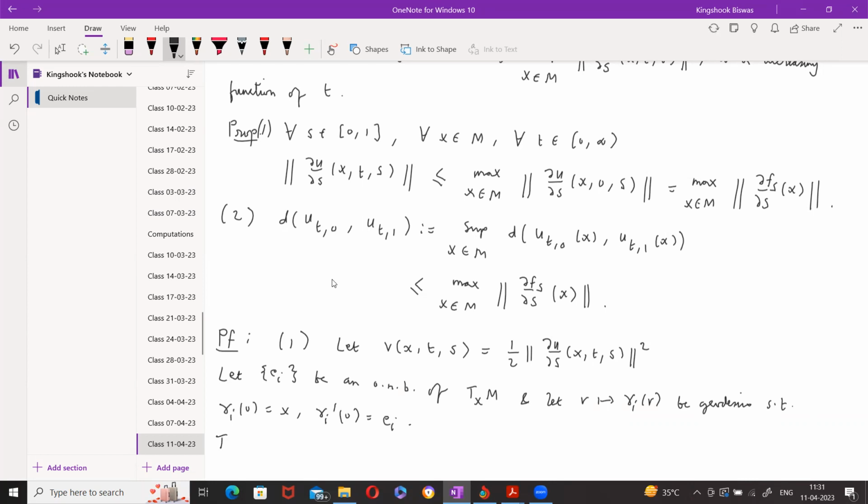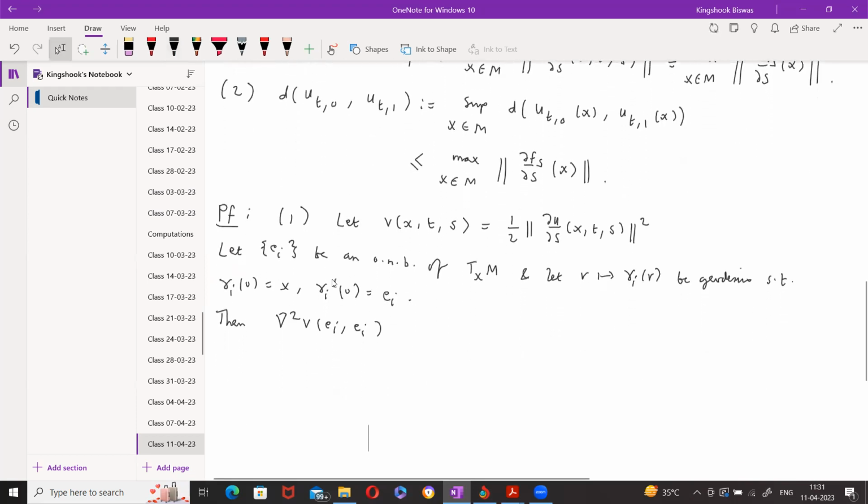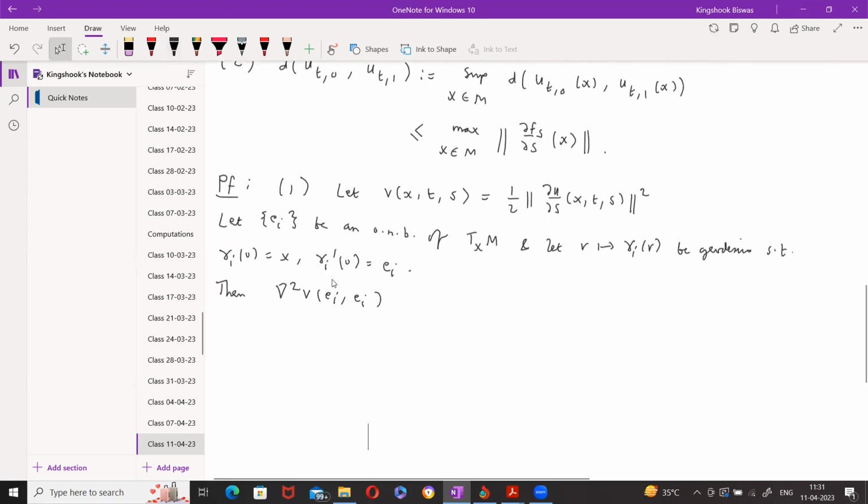Then the Hessian of v applied to e_i, e_i, this is what we need to compute in order to compute the Laplacian, right? It will be the trace of the Hessian, which is the sum over i of Hessian applied to e_i, e_i. So this is equal to the second derivative along geodesics, right?